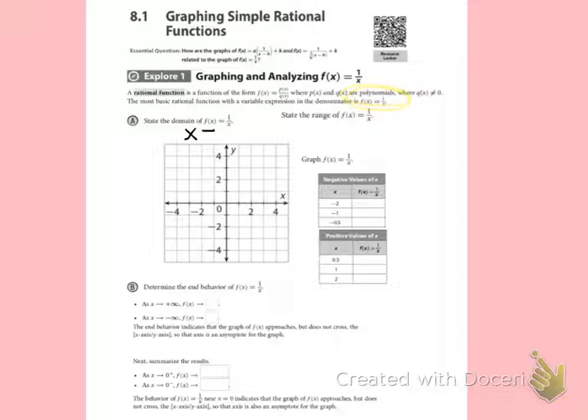One way to say that is to simply say it's all reals, except x cannot equal 0. That's a little more informal way. Sometimes we use interval notation, and we could say negative infinity up to but not including 0, and then also 0 up to positive infinity.